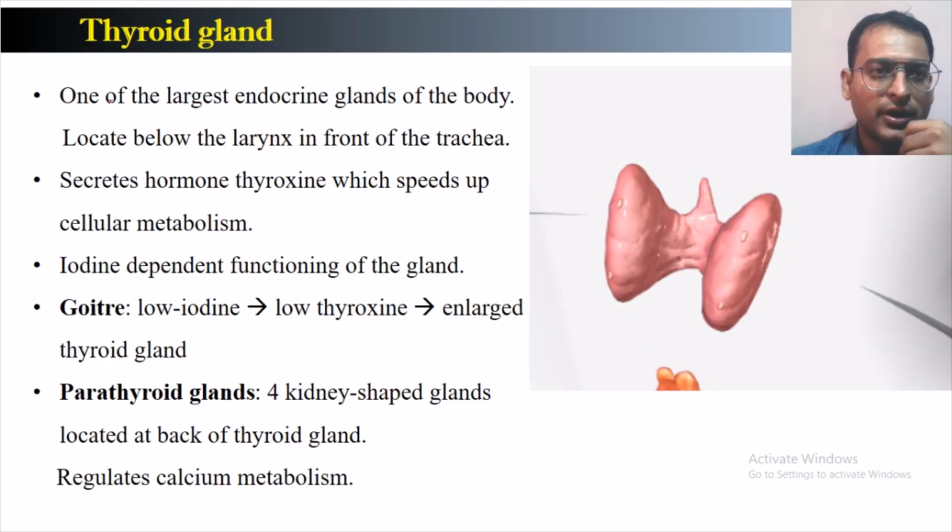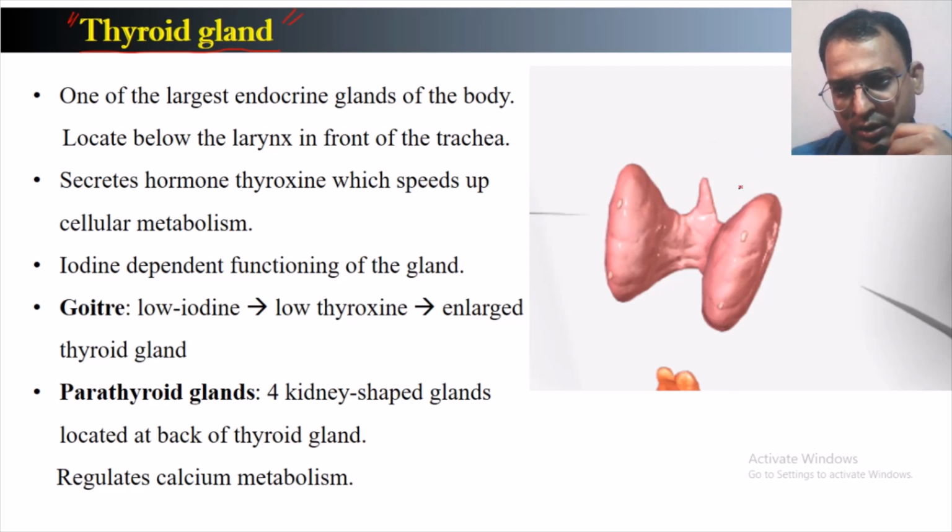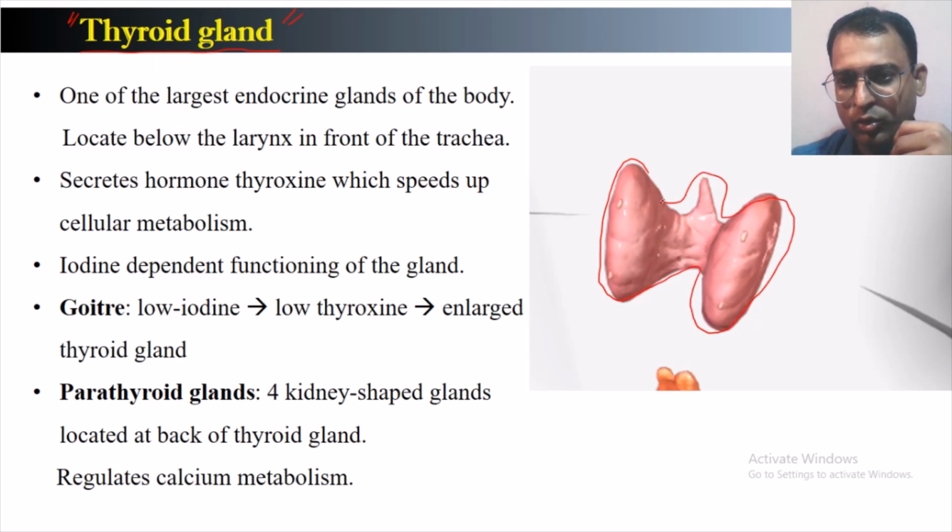Moving on to the next important gland, the thyroid gland. As we have seen earlier, the thyroid gland is located in the neck region near the throat. What we are seeing here is the thyroid structure. It has two lobes, lobe 1 and lobe 2.